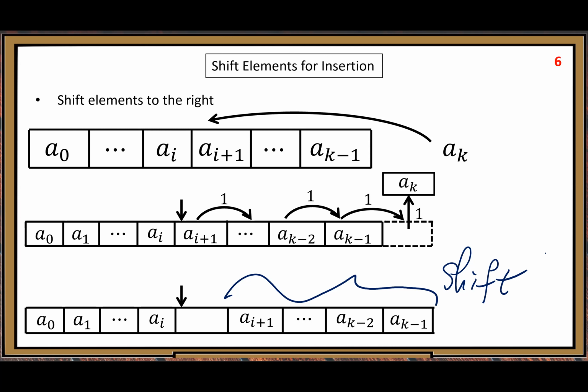Then you compare a sub k with a sub i, and it is greater than a sub i. Then we can drop it in that vacant location. That's the whole insertion operation. We find the right place, we make the shifts, and we get the whole array sorted.